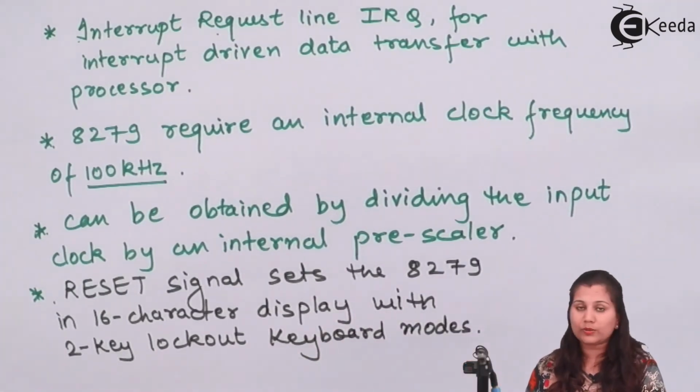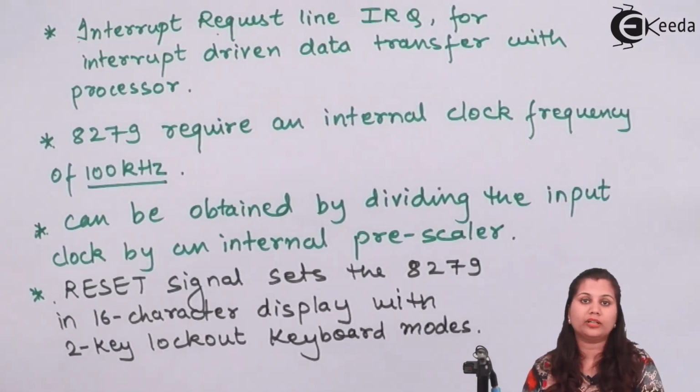So the 8279 has various modes. We have studied in our video on the modes of 8279 that there are keyboard modes and display modes. In keyboard modes, we also have the 2-key lockout and the N-key rollover modes.